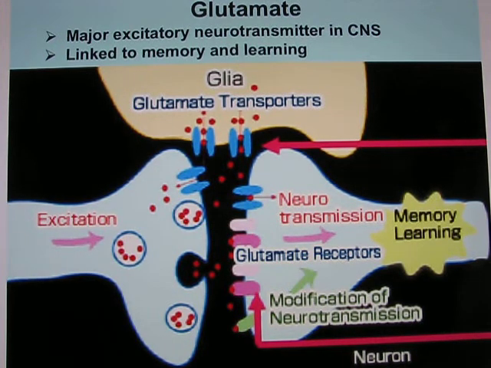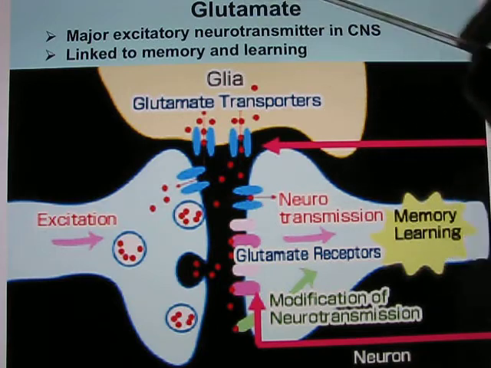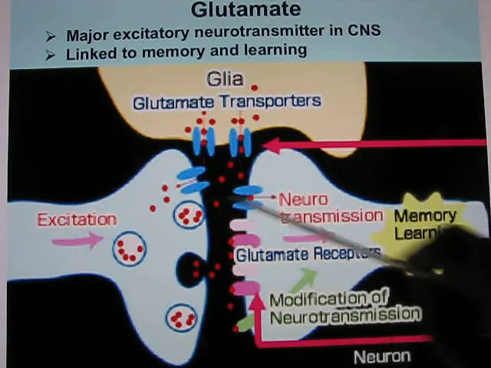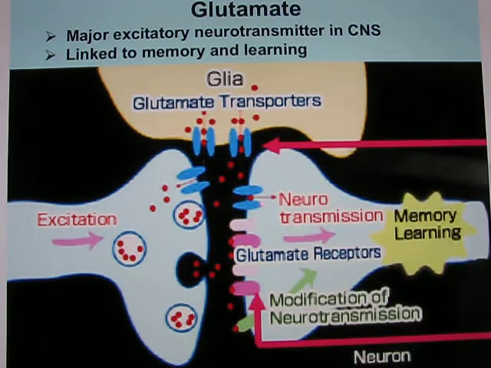So you are always capable of generating new memory. If you want to keep a memory, you need to repeat this knowledge again and again. And what happens in the brain at the molecular level is that the synapse releases glutamate. And when you trigger glutamate release, it makes the synapse stronger.